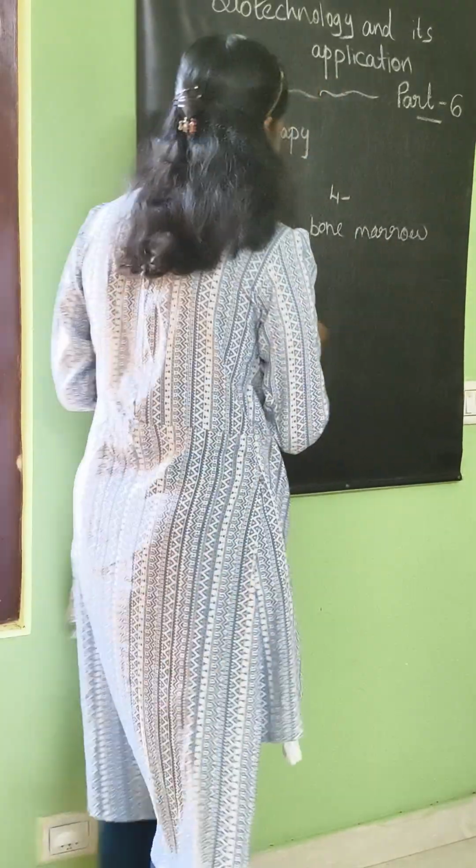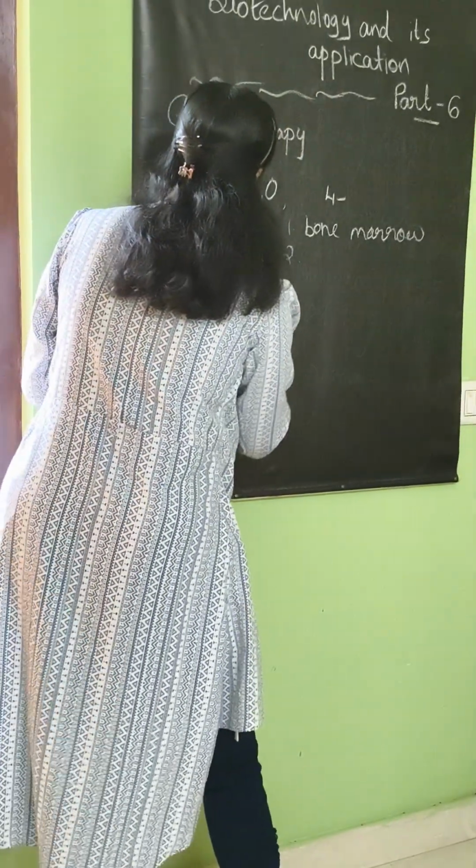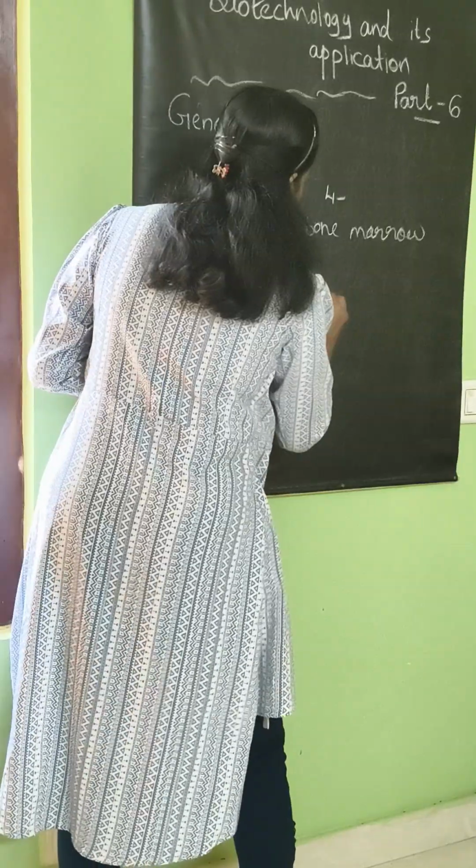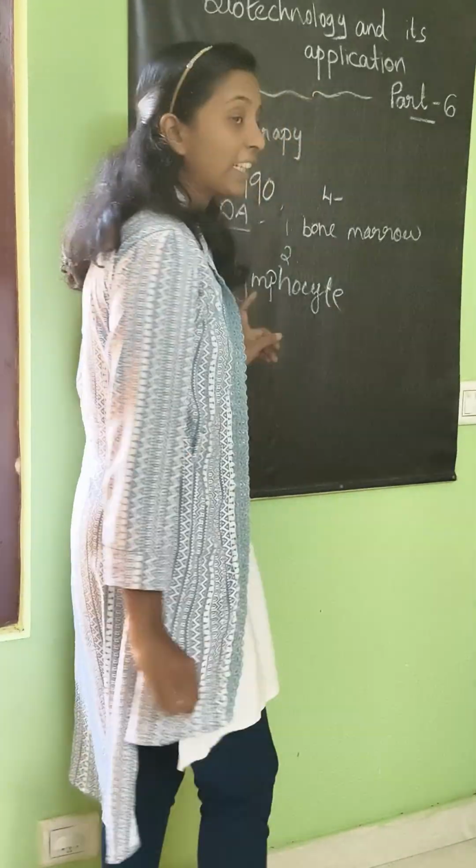Now one more treatment that is also temporary. They took the lymphocytes from the four-year-old child. A lymphocyte is a type of cell present in the blood, a type of WBC.